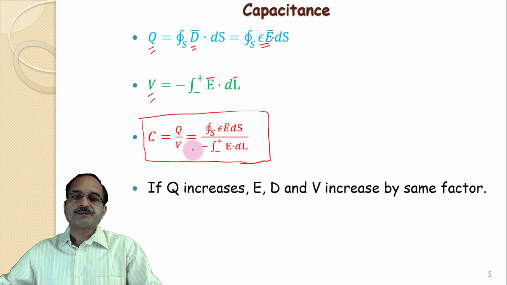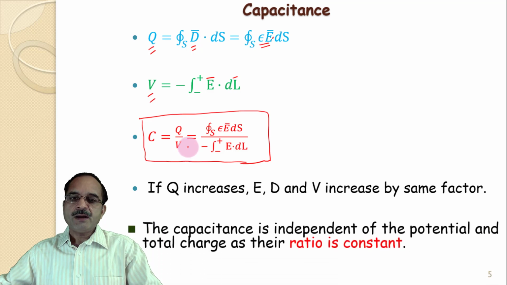So this means the capacitance does not depend on Q or V. It will depend only on the physical dimensions and the properties of the material, that is epsilon, ds and dl.